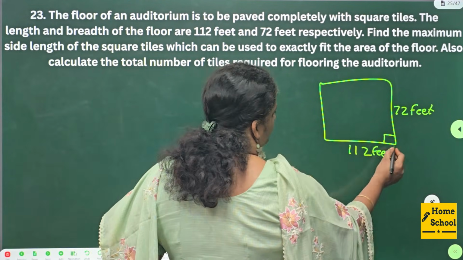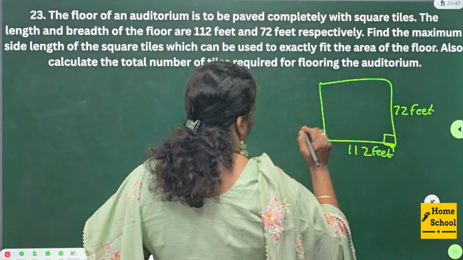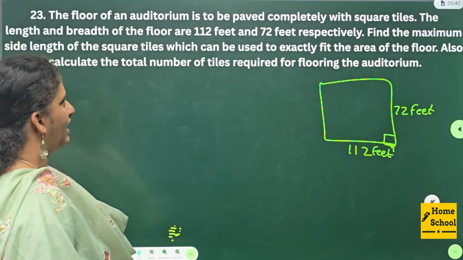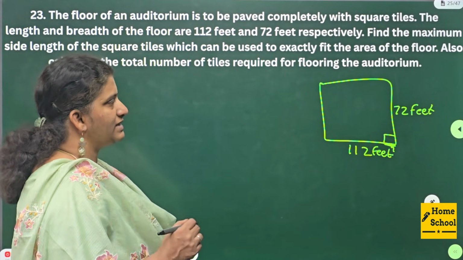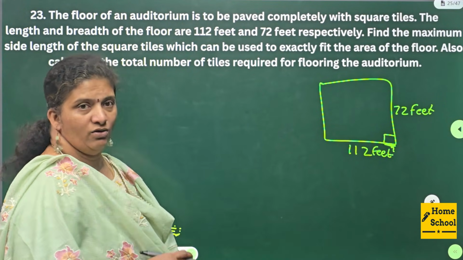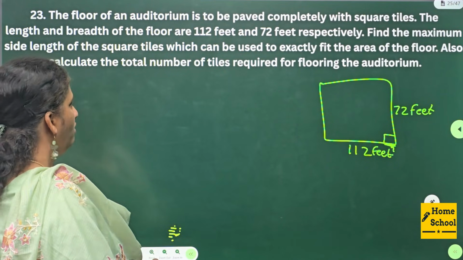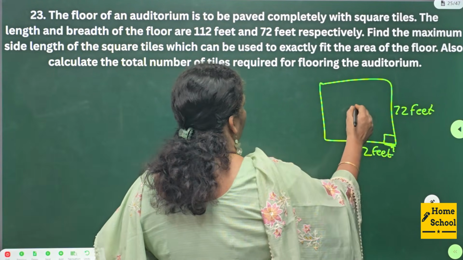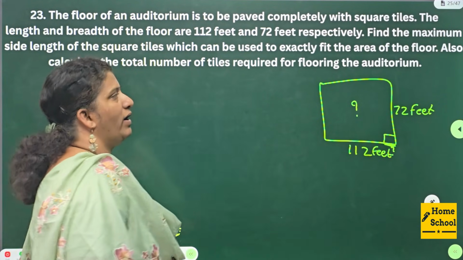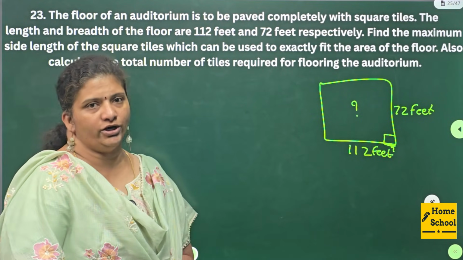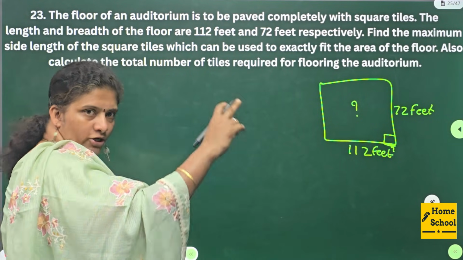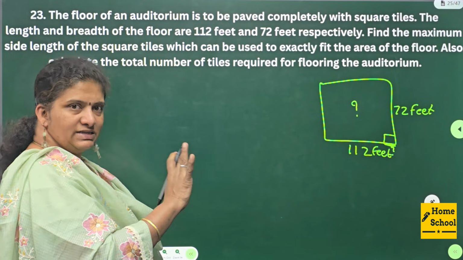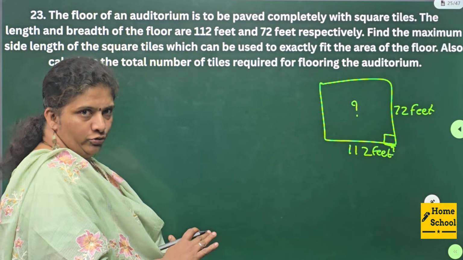What is the maximum side length? This is your question. Side length of the tiles which can be used to exactly fit the area of the floor. Also, calculate the total number of tiles required for flooring the auditorium. There is an auditorium, length and breadth different means it is a rectangular shaped auditorium.